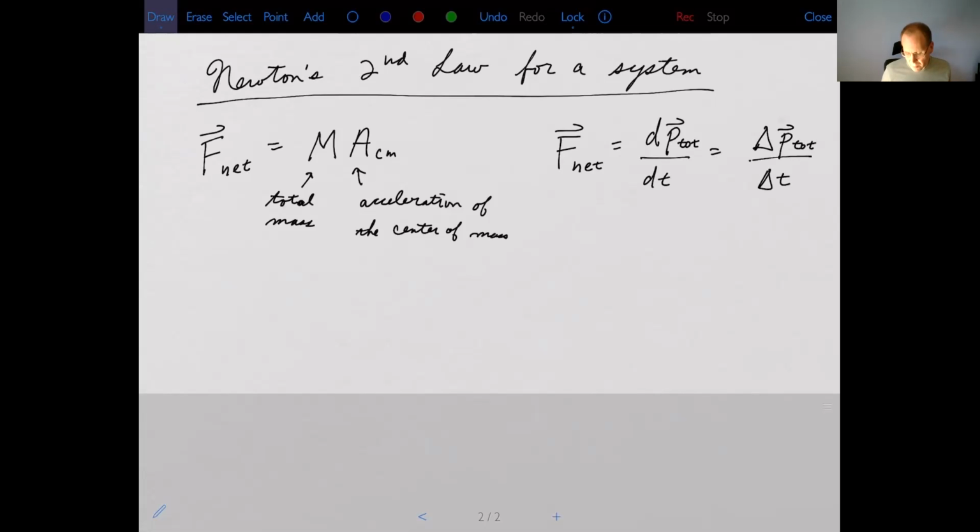To get the derivative, what really happens is the delta t is getting smaller and smaller and smaller. We're taking the limit as delta t goes to 0. But for now, you can just think of it as that ratio, that change. So here's the key point. If the net force on your system of objects is 0, right?